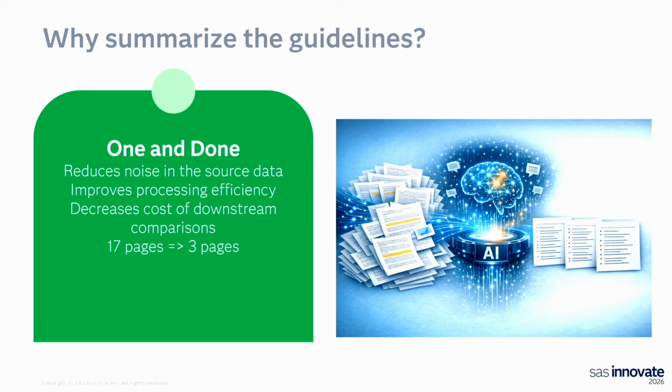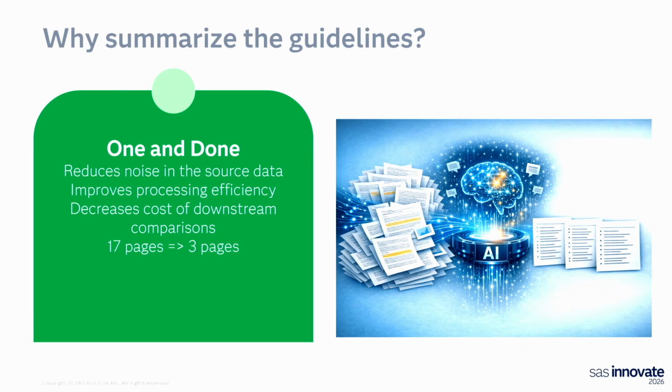You don't have to repeatedly do that every time you ask for a comparison. The other thing is that by summarizing the document, you decrease the number of tokens that are sent to the LLM. You wind up with a more efficient process, and consequently, sending fewer tokens results in a less expensive process as well.